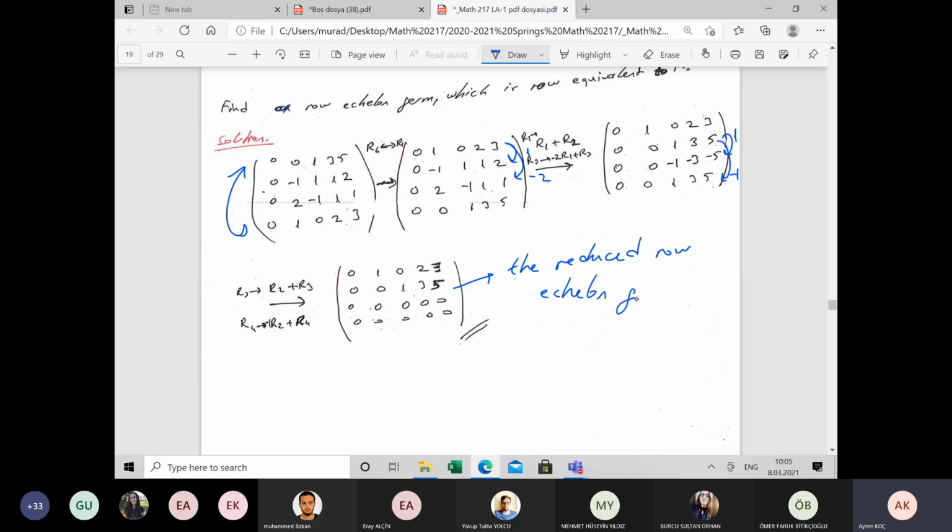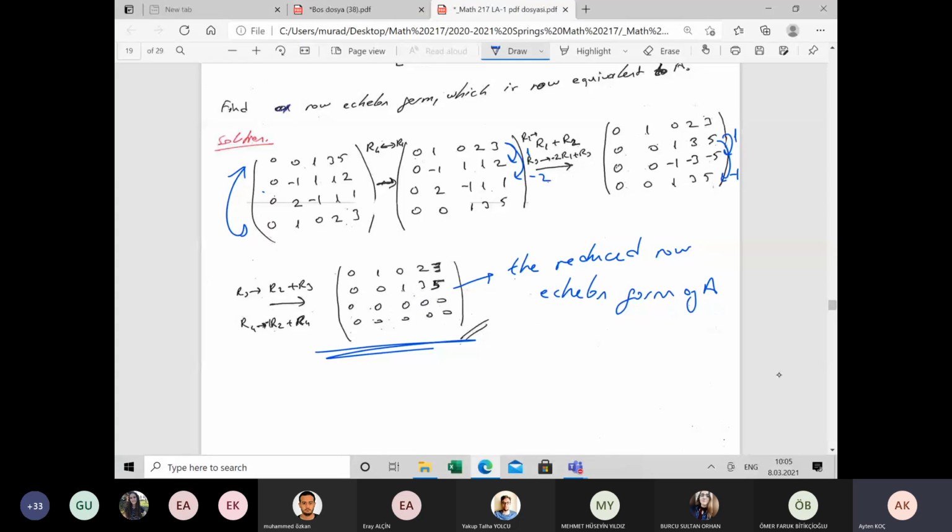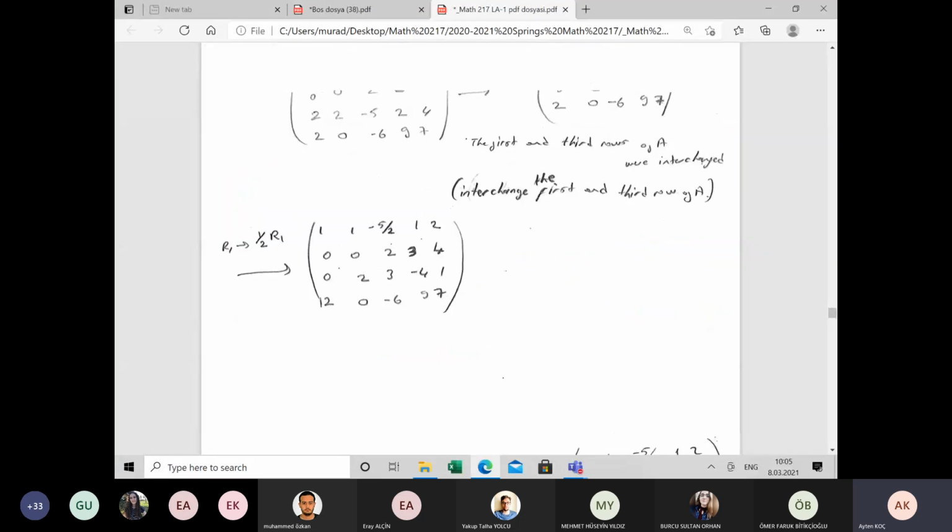This one is the unique. Any question? Any question here? No question. Okay.